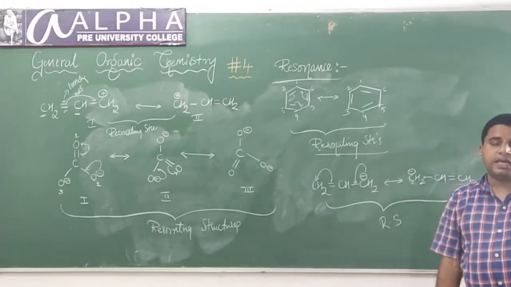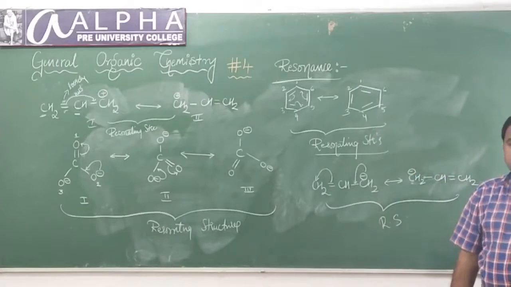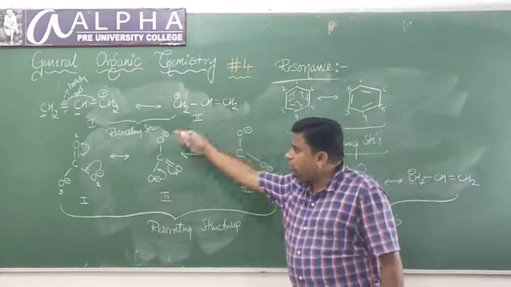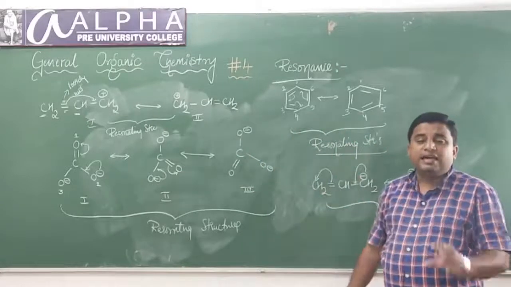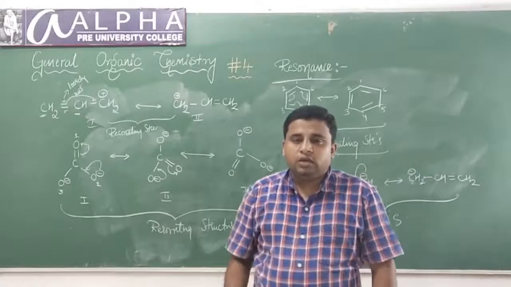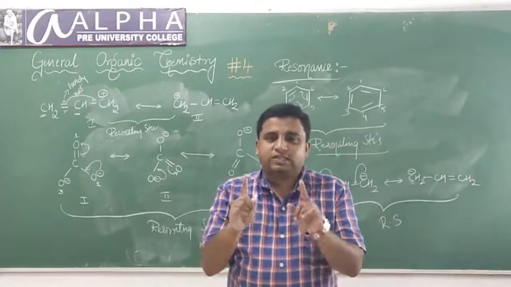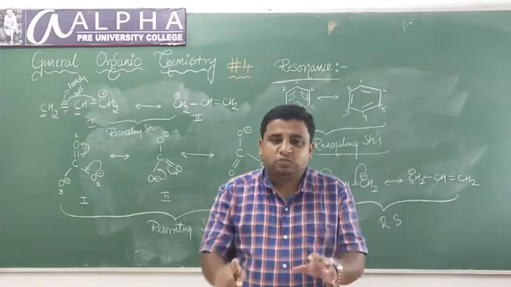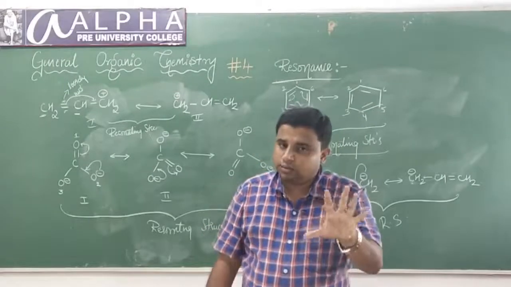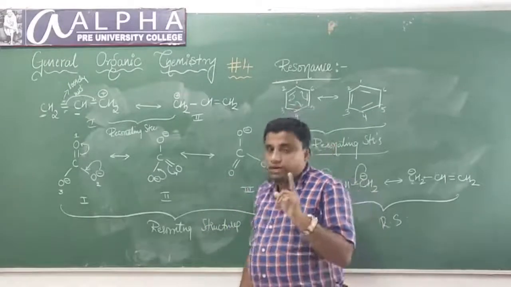This is called resonance. I hope you understood. Any doubts? And what are all these called? These are all called resonating structures. Trust me, no single resonating structure will explain all the properties of that compound. Did you understand my point?